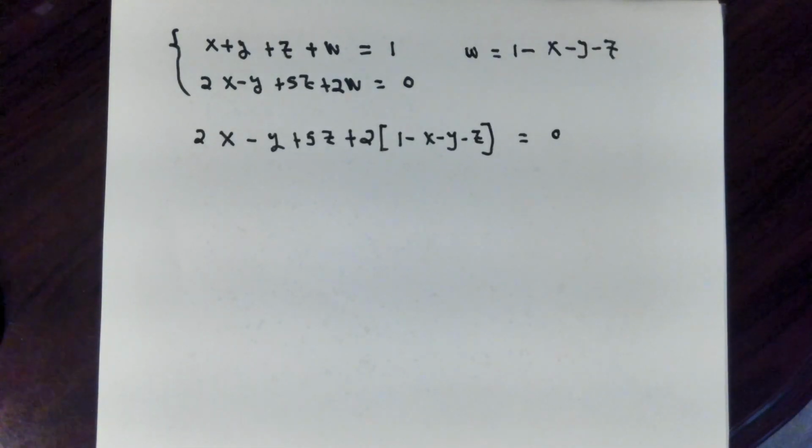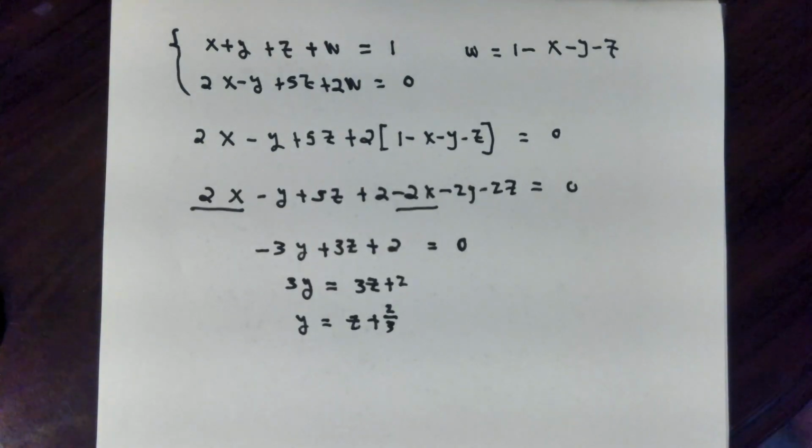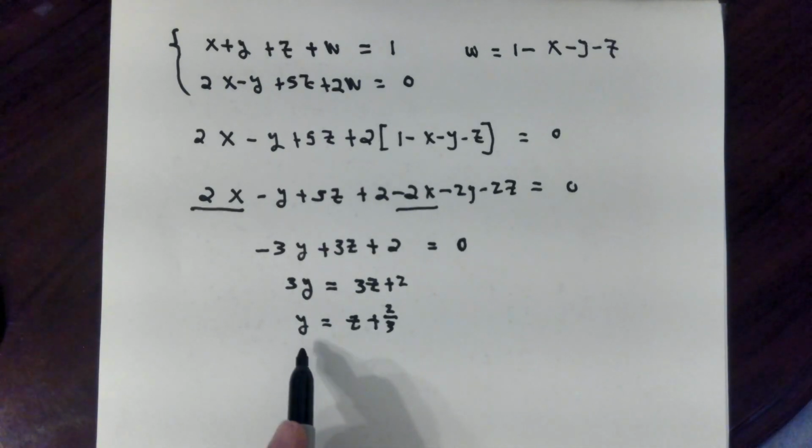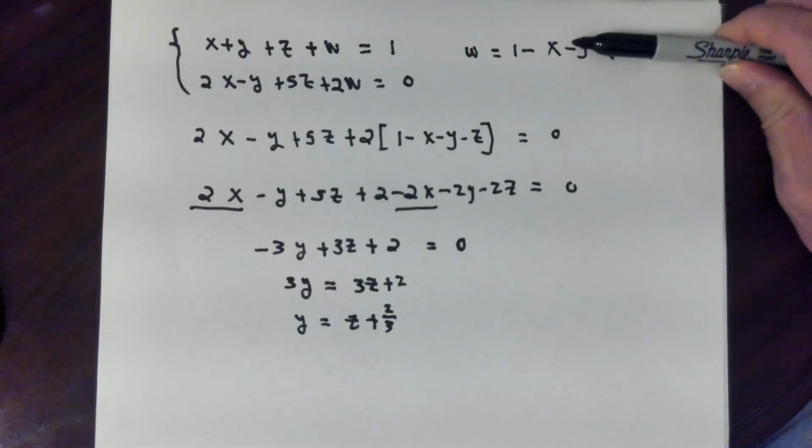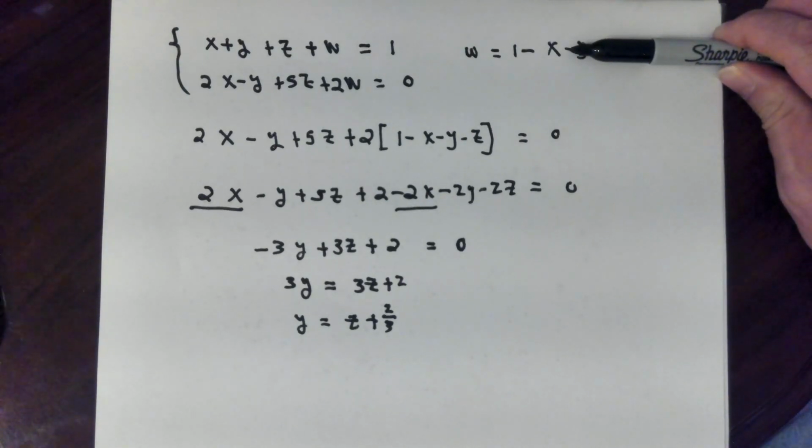Following the usual kind of plan, I'll solve, say, the first equation for w in terms of x, y, and z, and then write in that value for w into the second equation. This produces a very strange result. You get to pick z to be anything you feel like, and once you've picked that z, you automatically know the corresponding y. Once you know the z and the y, you know nothing about the x, so you get to pick the x to be anything you want also.